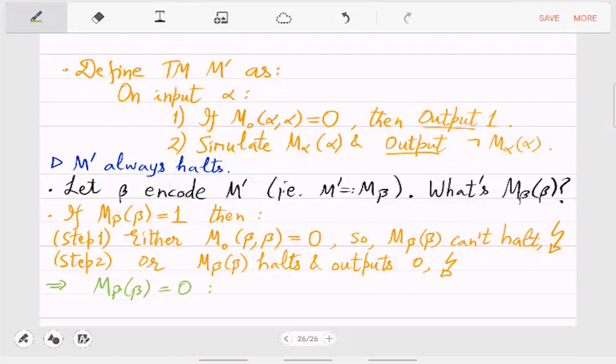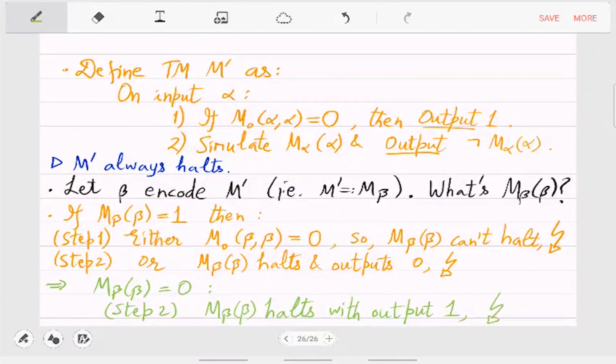It is only possible in step 2. And which means that M beta beta should be 1. Which is also a contradiction because we have deduced that M beta beta is 0, right.